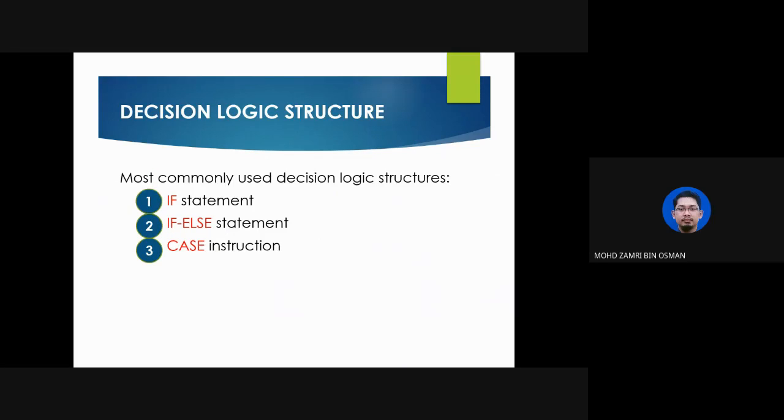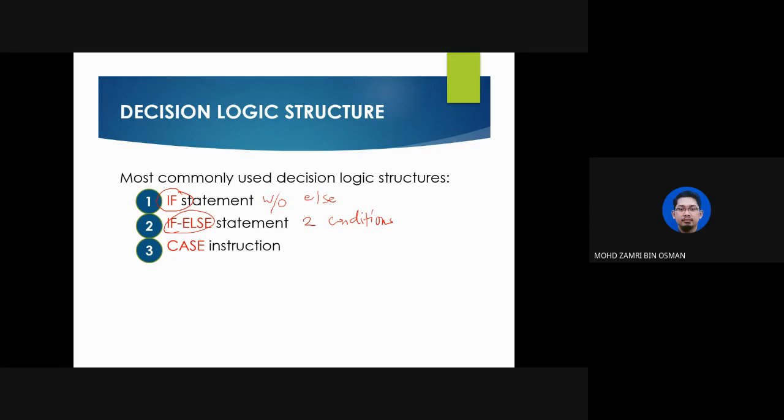So there are common decision logic structures. There are three that you should know. The first one is the if statement without the else statement. The second one is the if-else statement, meaning that we have at least two conditions.